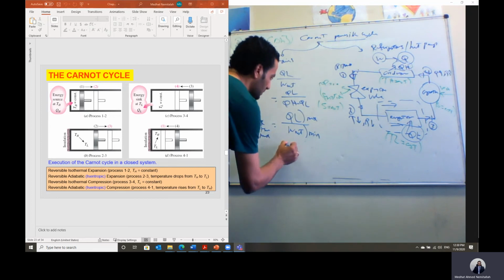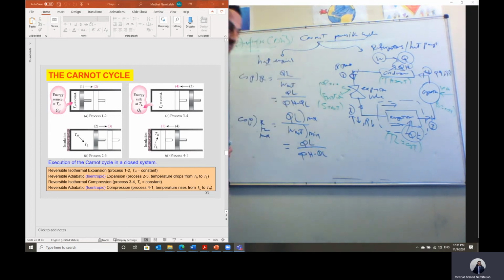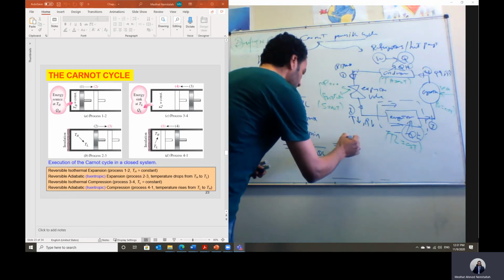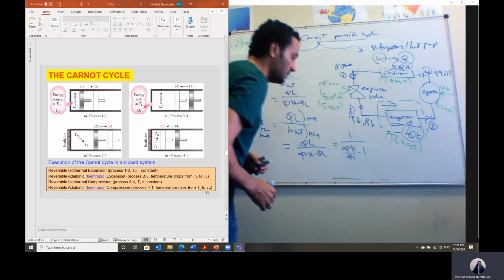That should equal Q low divided by Q high minus Q low. Divided by Q low up and down, it will equal 1 divided by Q high over Q low minus 1.